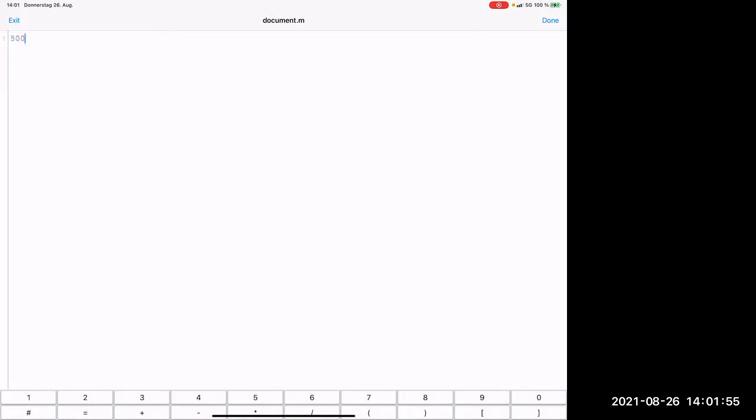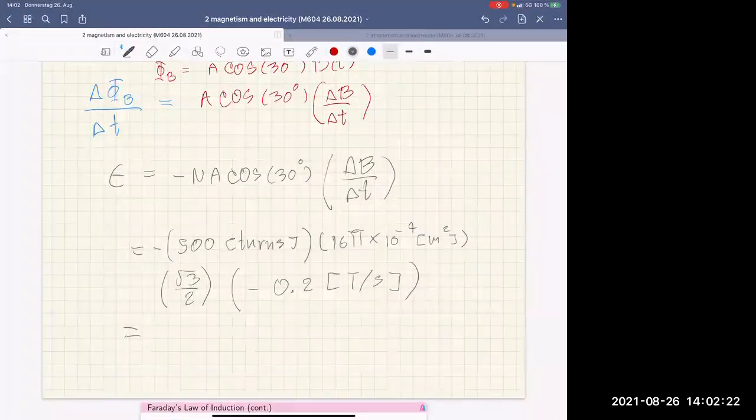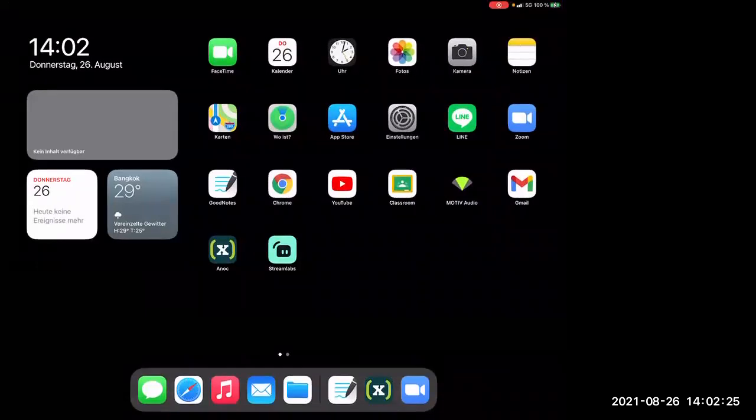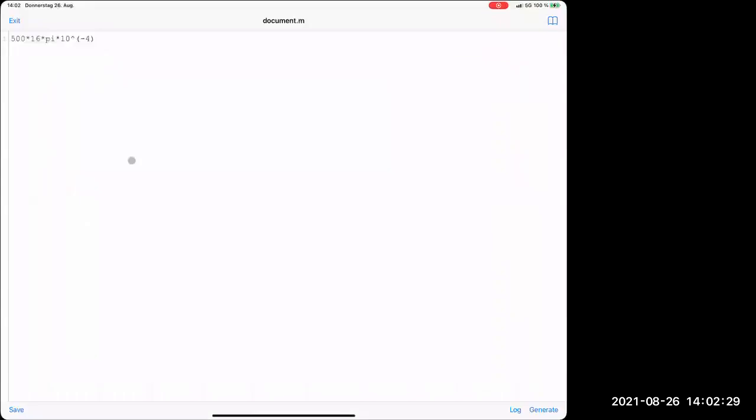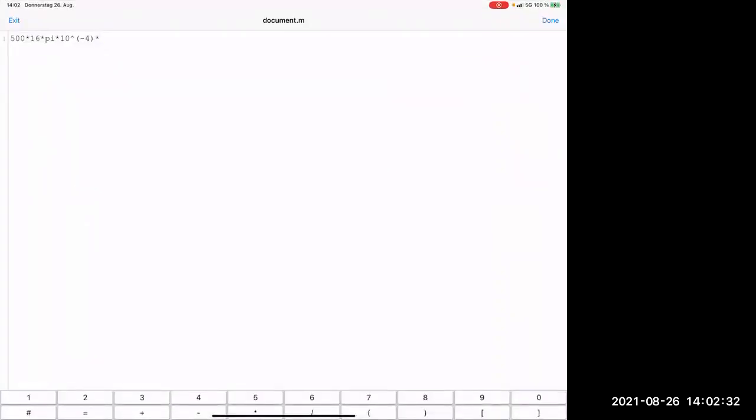500 times 16 times pi times 1E minus 4, which is 10 to the minus 4, times square root of 3 by 2, cosine 30, which is pi by 6, right, and times 0.2.